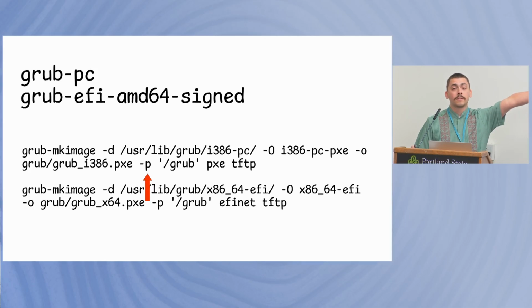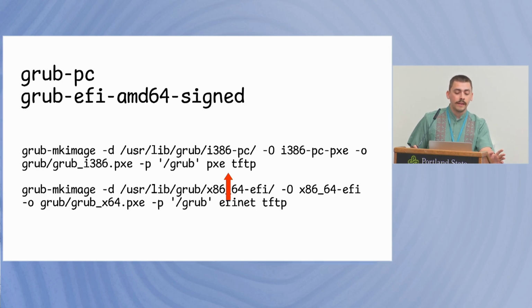It will look inside of its prefix for those files. And these last two options bundle in the PXE and TFTP, or alternatively the EFI-NET and TFTP libraries into the binary so that we can actually get this binary PXE booted and then reaching out over the network to grab the libraries that it will need.